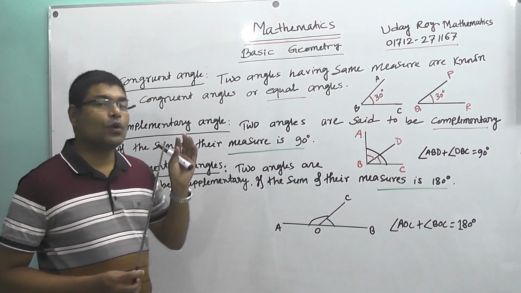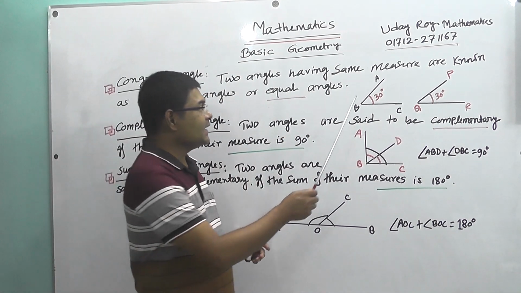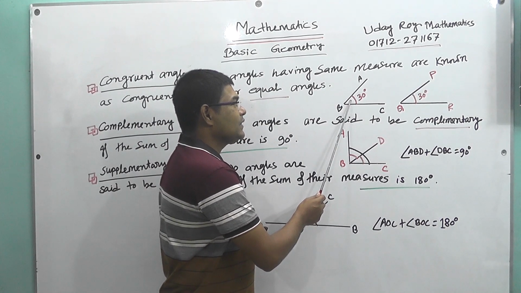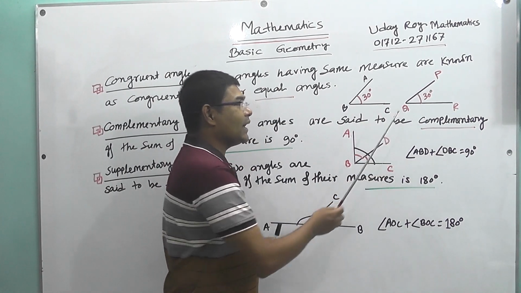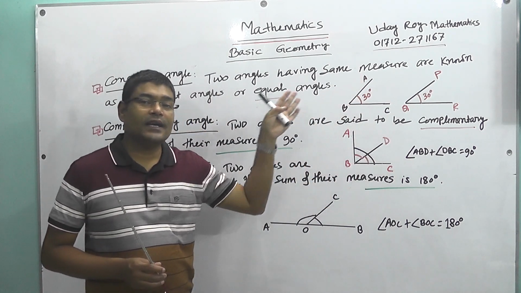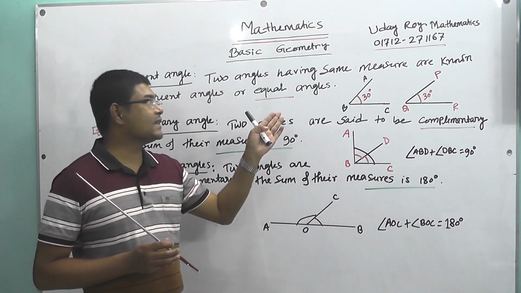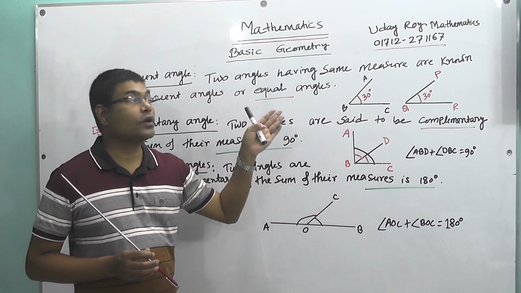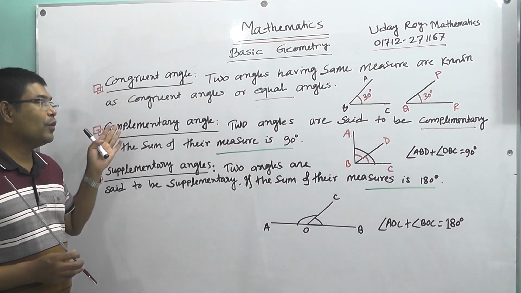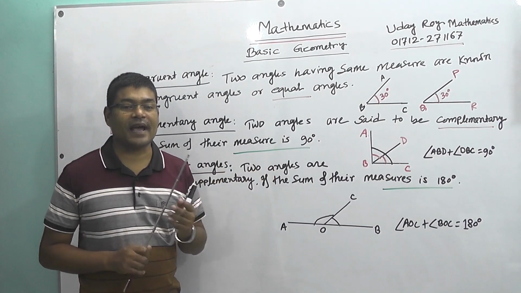You can say here is ABC, this equal to 30 degree and PQR also 30 degree. Two angles are equal, so we can say these are equal angles or congruent angles.